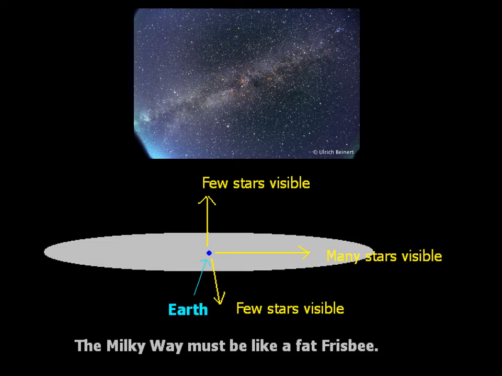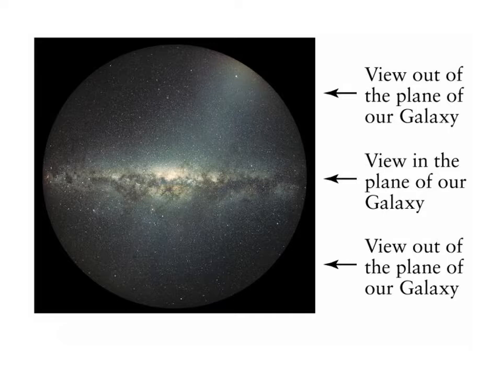So this led astronomers to imagine it's like a big disk or a big pancake, with the sun very close to the middle of it, because we saw roughly the same number of things in all different directions.